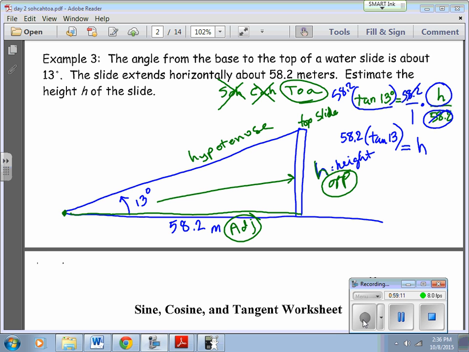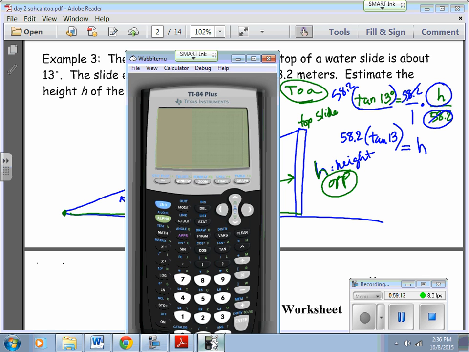So now with your calculator, you can type in 58 times tangent of 13, close the parentheses, hit enter.